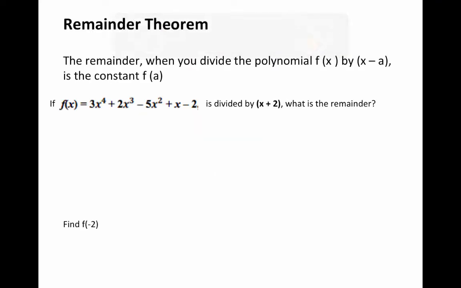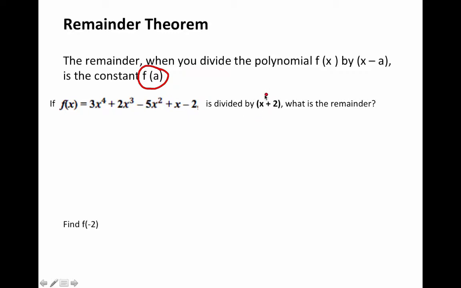The remainder theorem says that when you divide a polynomial f of x by x minus a, your remainder is actually what you get for plugging that value in that went in your box.